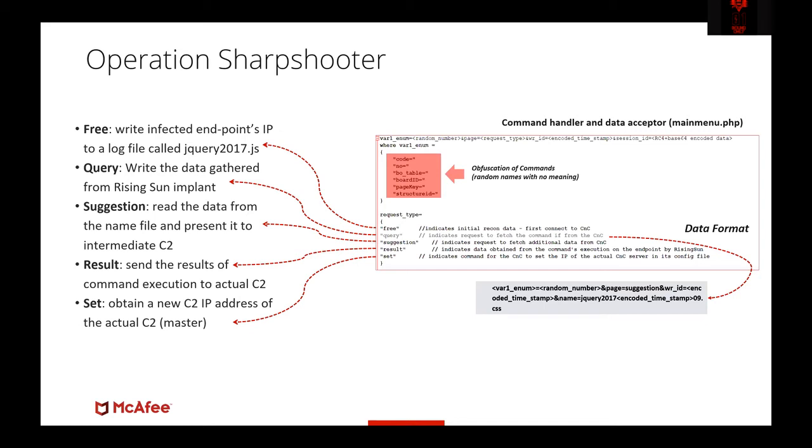This would then be sent back to the primary C2 that would relay back to the endpoint for further instruction. The set command was obtaining a new IP address of the actual master server, so at that point, it can relay to a different master server. They are basically changing out the servers behind the intermediate server.